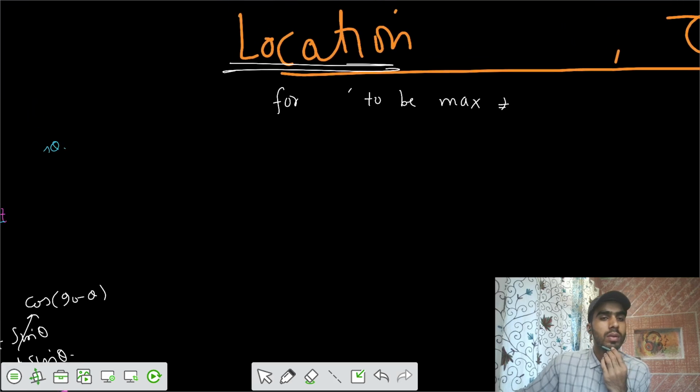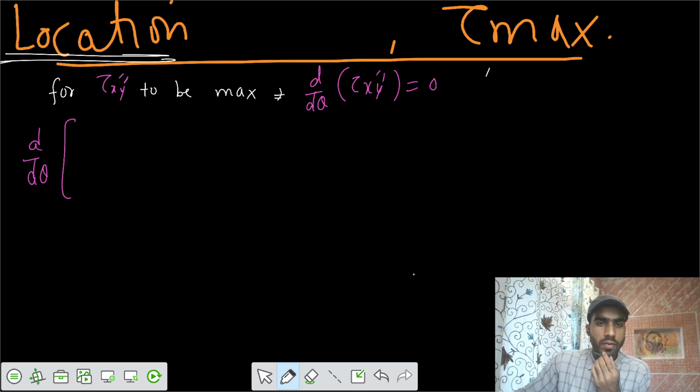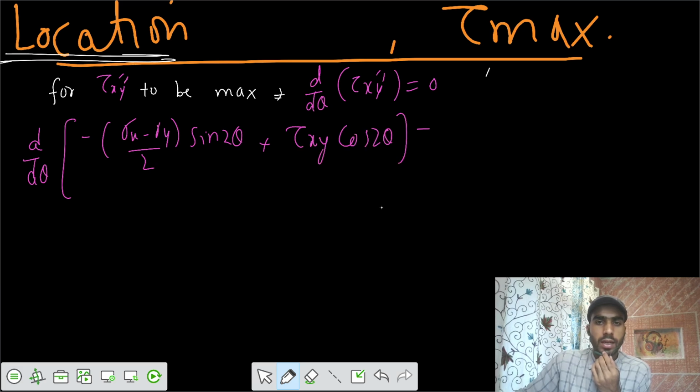So for tau xy dash to be maximum, we can write dou by dou theta of tau xy dash equals 0. So we can write dou by dou theta of that equation we have, minus times sigma x minus sigma y by 2 sine 2 theta plus tau xy cos 2 theta, equals 0.